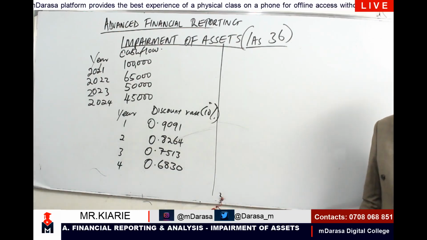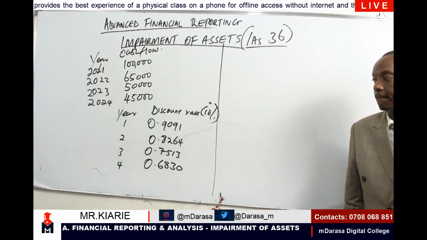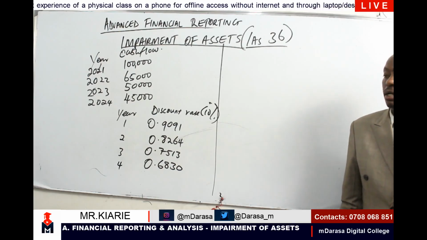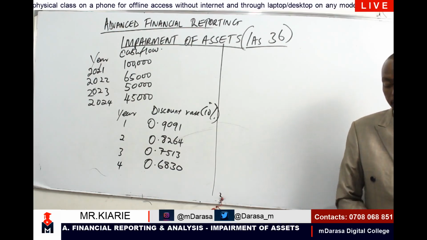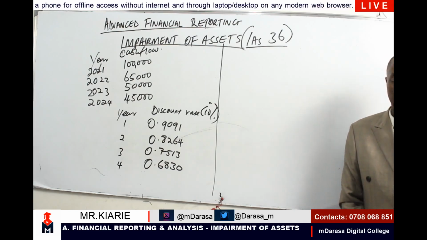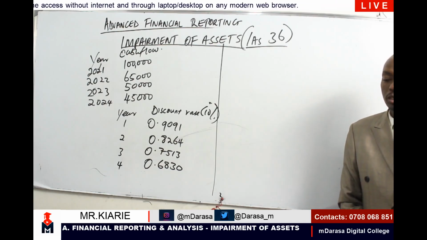So those are the relevant discount rates. Required. Part A, recoverable amount.